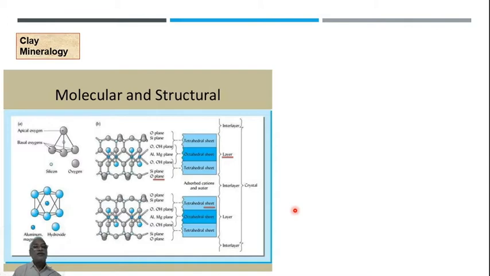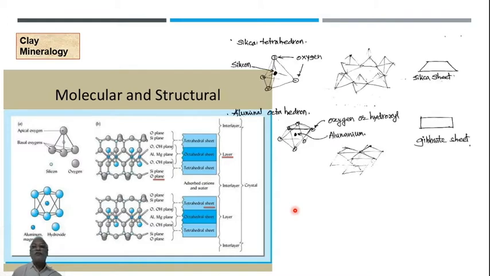Molecular and structural form, we have seen this when it comes in sheets. When they come, it will be like this. This silica tetrahedron sheet will be represented by a silica sheet, which will be a trapezium like that. So when we write or present it, you have to show it in this manner, because we cannot draw all these kinds of pictures.